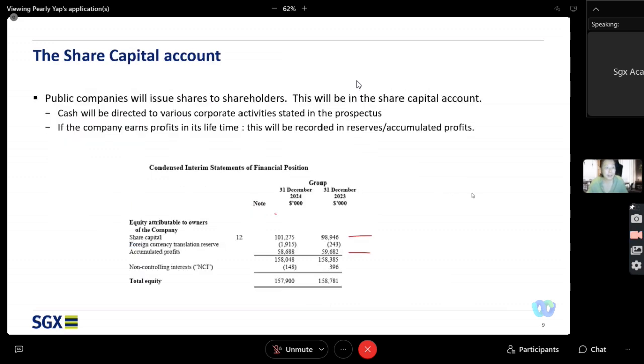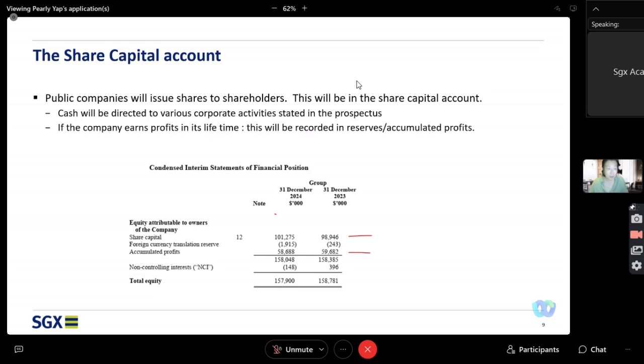Now, in the share capital account, here I say public companies will issue shares to shareholders. This will come into the share capital account. And if a company earns profits in its lifetime, this will also be recorded. So you can see the red lines here on the table, right?